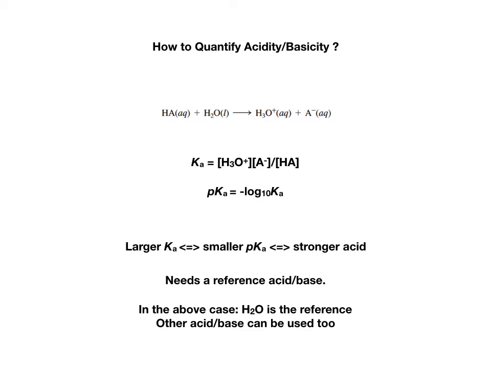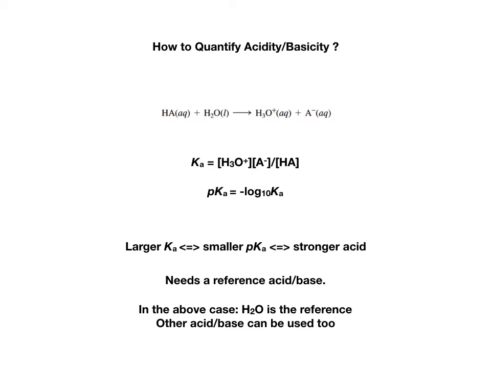Now, when we write down the equation here, we're actually using water as a reference. So HA is the acid and water is the base. You always need a reference point when you write down equations like this, because an acid in a solvent system cannot dissociate on its own. It has to react with another base.